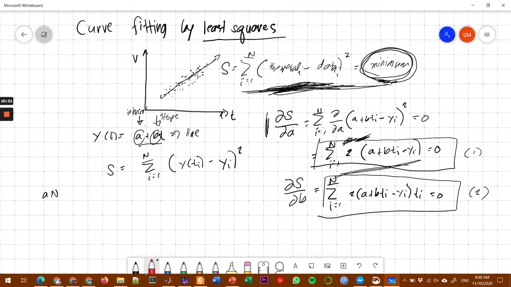We are only left with the summation of A, right? But A is constant, and the summation of i running from 1 up to n will give you just n. That's why we have n. So I'll just write the equation and you do the details on your own time.